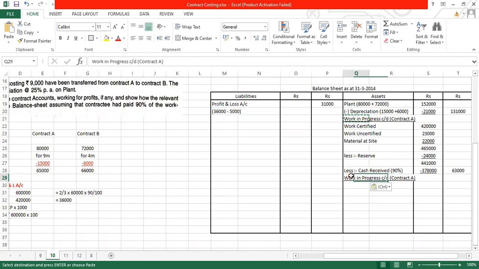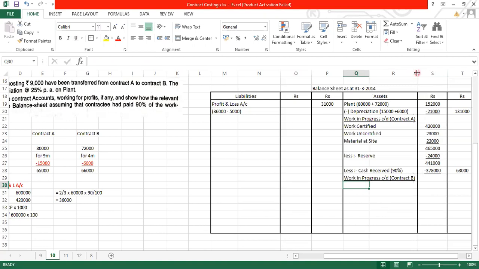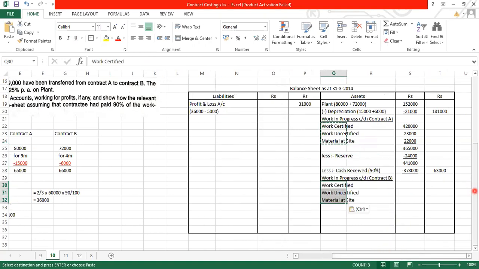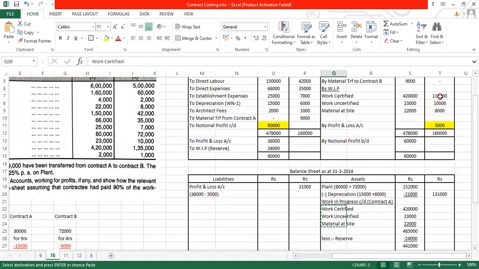For contract B. Same way, first we write down work certified, work uncertified, and the material at site. One lakh 35,000, 10,000, and 8,000.